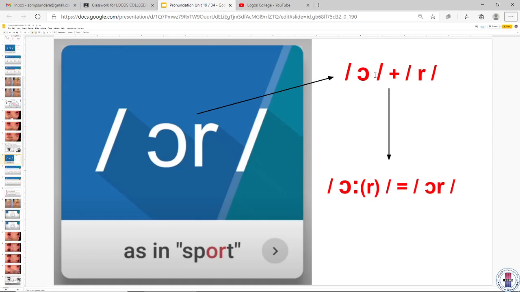So the first sound is the aw sound, and then is the r, and you combine them together and you get the or sound. Your book has it written like this, so I want you to write it like this, the or sound. Sometimes you also see it written just like this, but either way, this is the phoneme for the sound or.